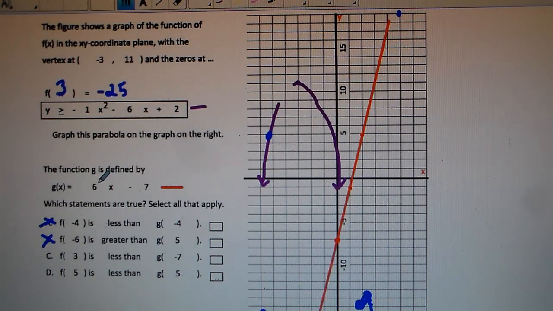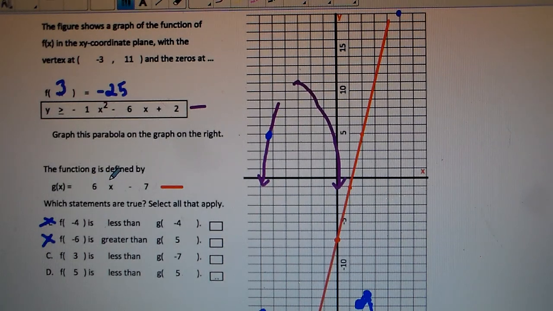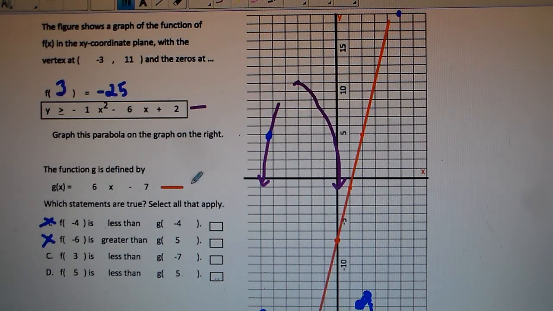My g of negative 7, well, 6 times negative 7 is negative 42. And negative 42 minus 7 is negative 49. So in other words, is negative 25 less than negative 49? No. So C is not the correct answer.